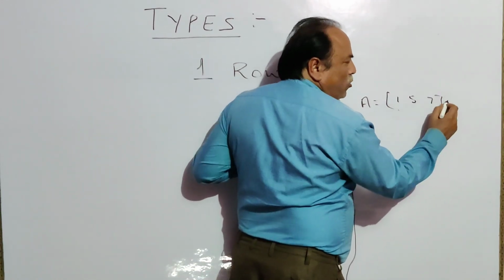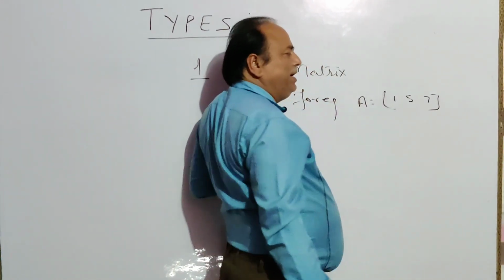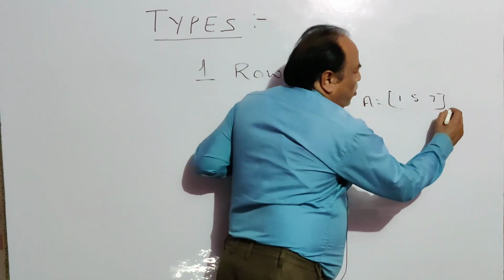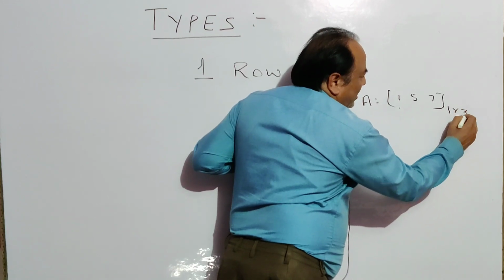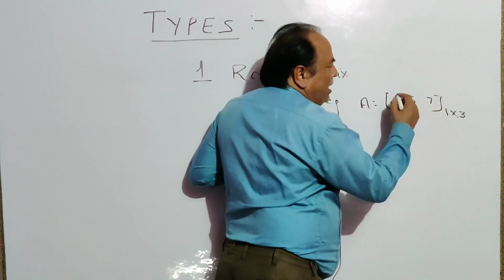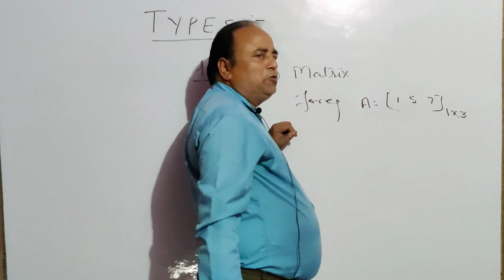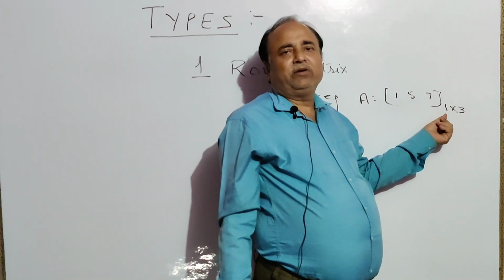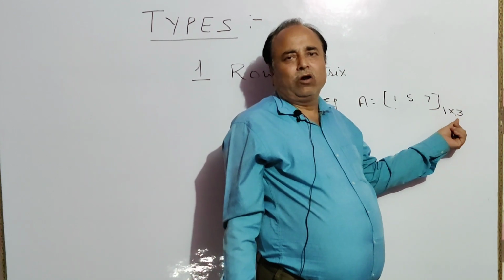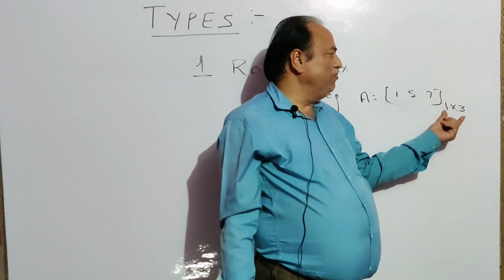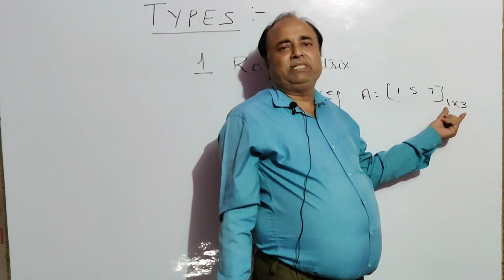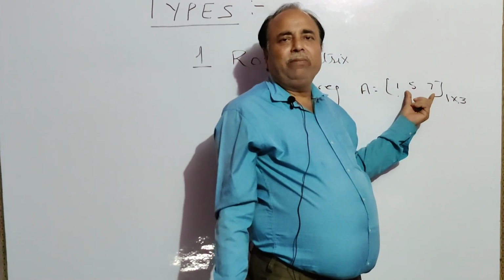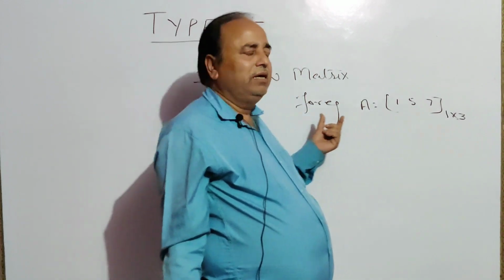It has one row, so it is known as row matrix and its order will be 1 into 3, because it has one row and 3 columns. While writing the order of a matrix, first we write rows and then columns. This will give the total number of elements present in this matrix, that is 3. 1, 2, 3. Here 3 elements are present in this matrix.